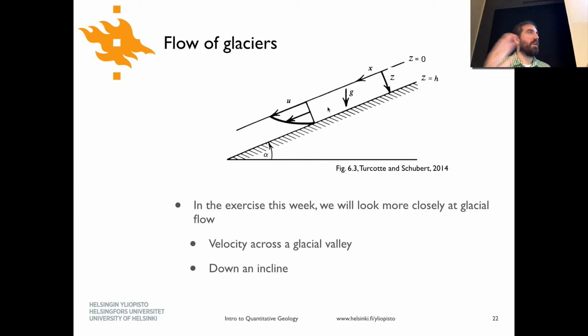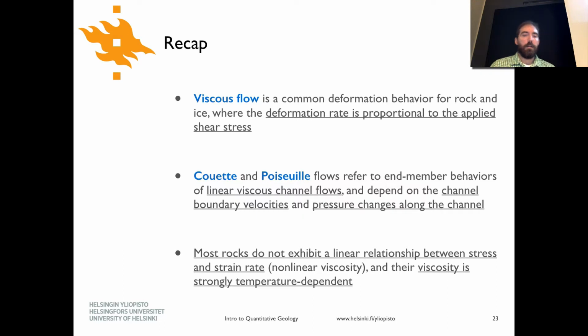So that's more like the channel flow thing that we saw. And so you'll calculate basically these kind of velocity profiles for different thicknesses of ice and then compare it to some observations. So that's what's coming in the exercise.